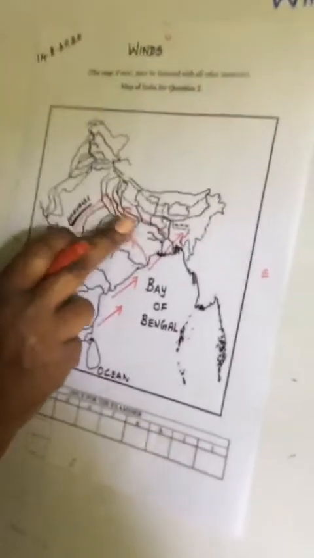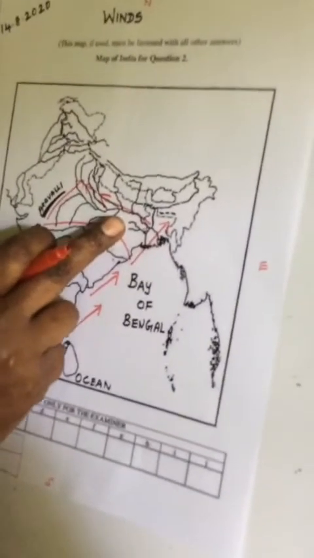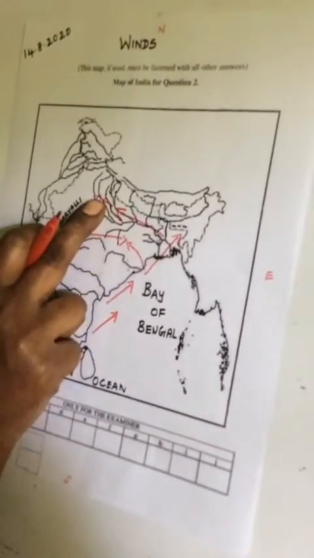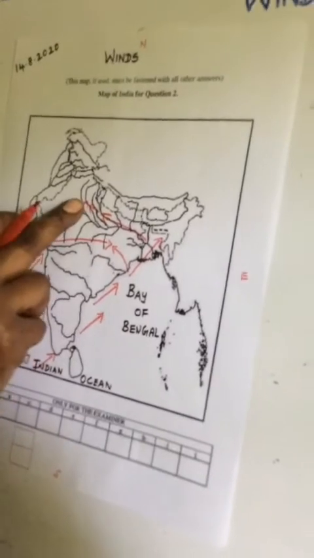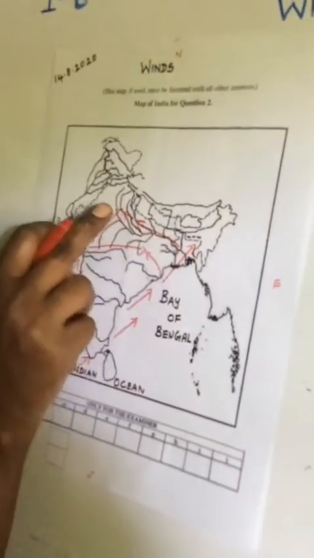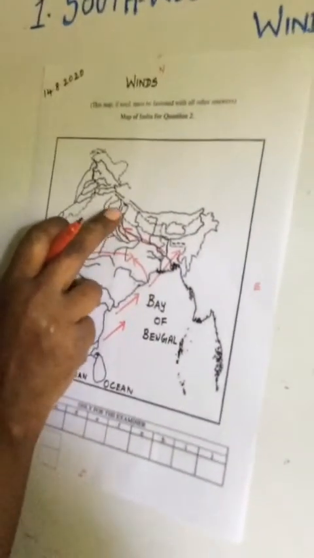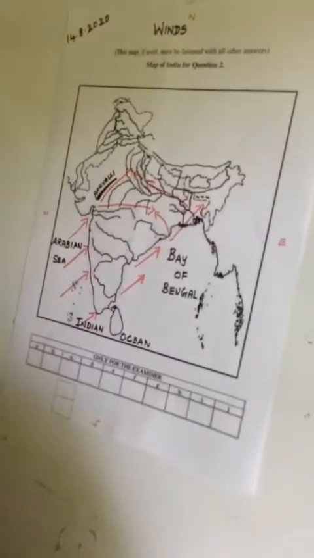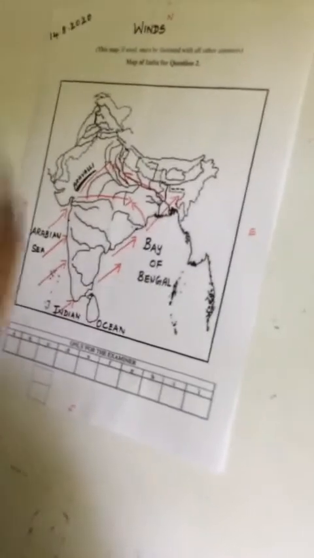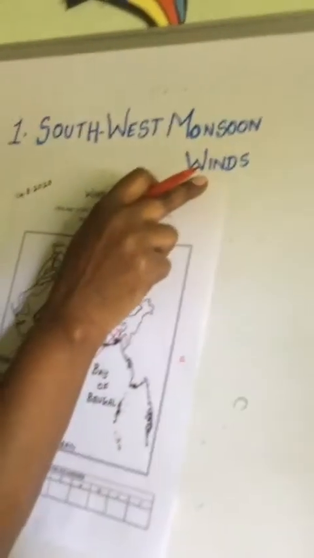Clearer? Only 2 arrows are essential, or you can draw one arrow clearly up to this. So Bay of Bengal branch and Arabian Sea branch meet in Uttar Pradesh around Delhi. Clearer now? So this is the marking of southwest monsoon winds.